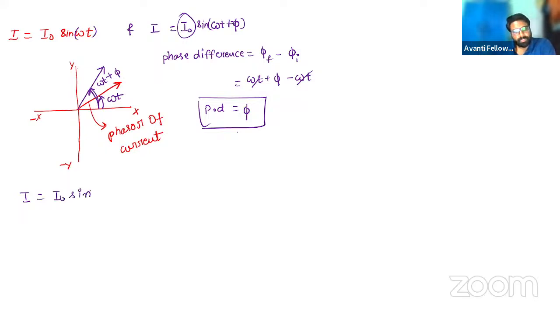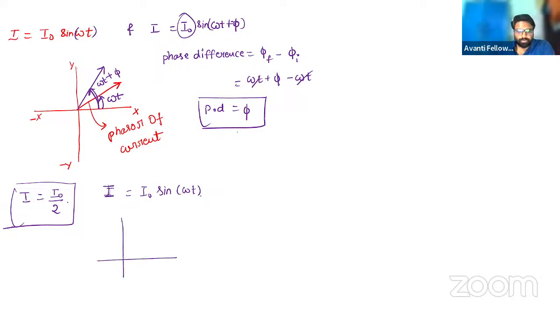Now let's do some examples of I equals I naught sin(omega t plus 2 pi by 3). We have to draw I naught by 2. So at what value will we get I naught by 2 from this phasor? I equals I naught sin omega t. So when the value of omega t will become what? Pi by 6. So sin pi by 6 will become 1 by 2. Then at that particular instant, what will the value of I become? I naught by 2.